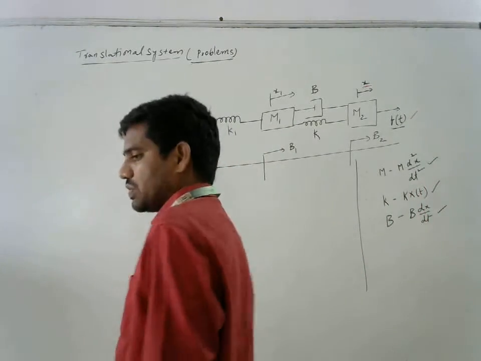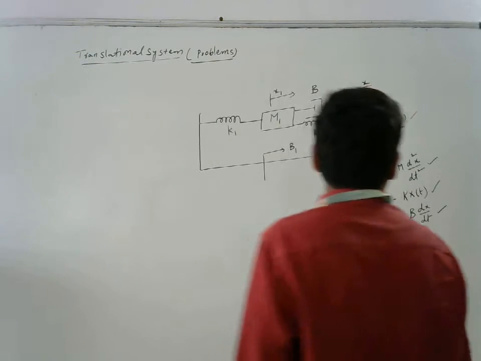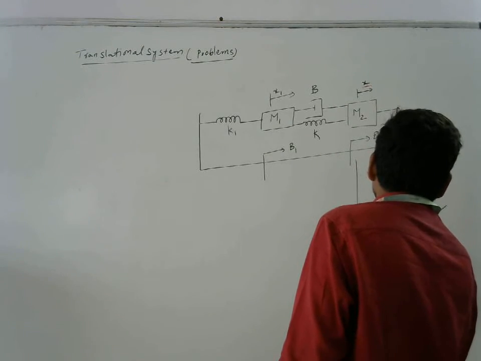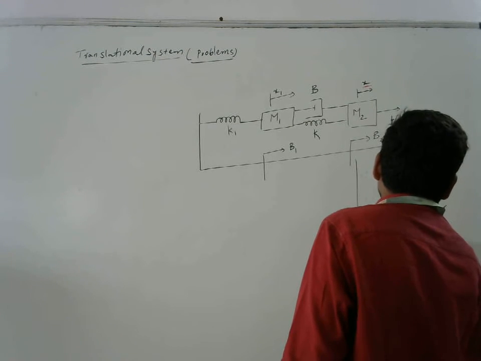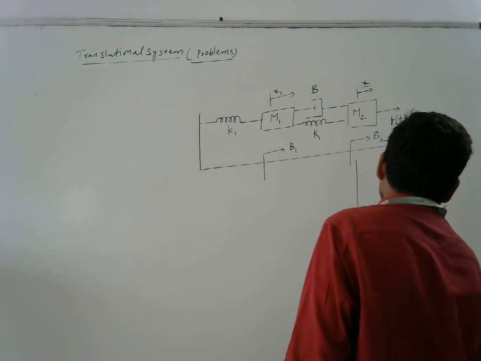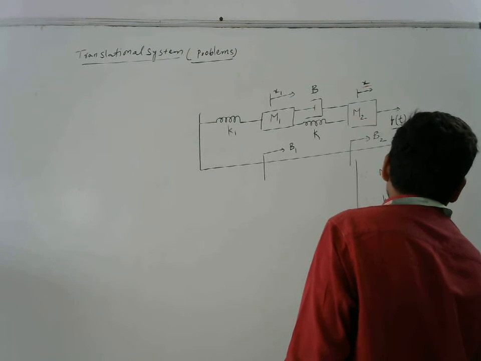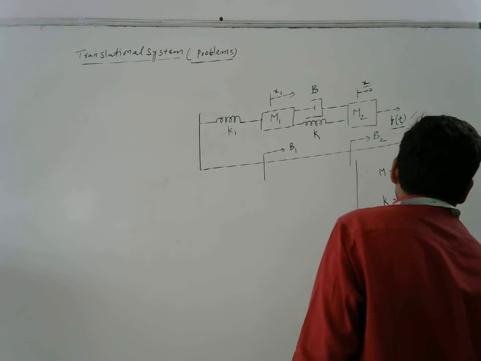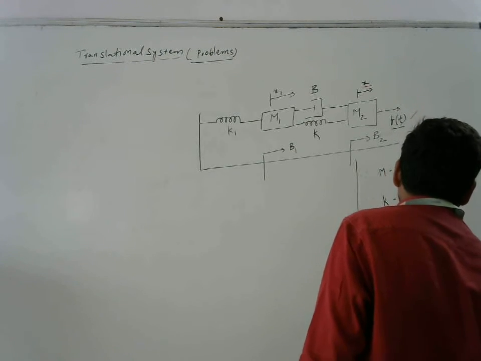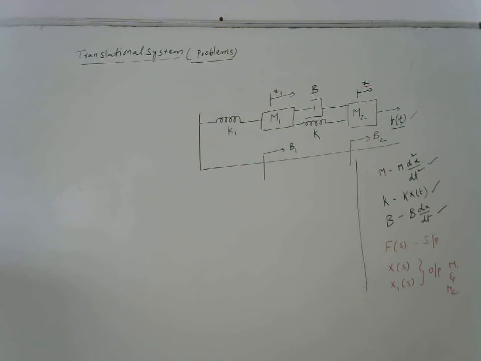So we find f of s as the input, and x of s or x1 of s as the output. We can consider anything, but these two are the outputs for m2 and m1 respectively.